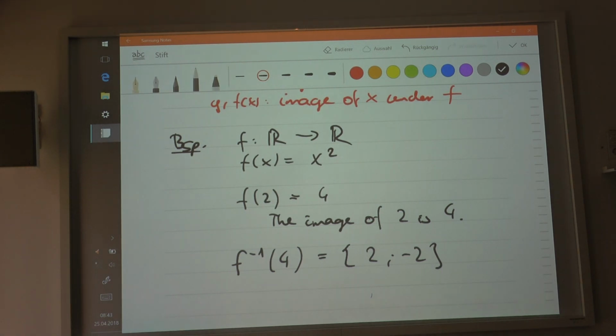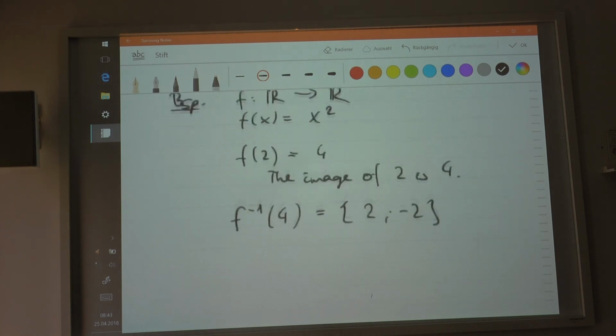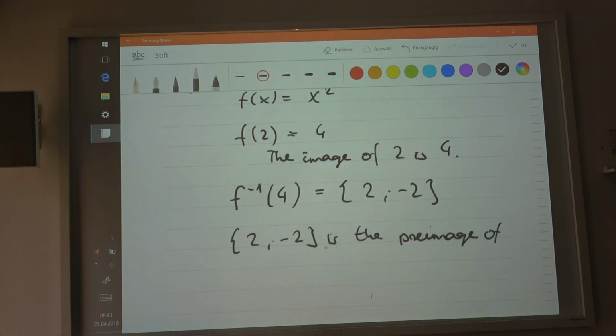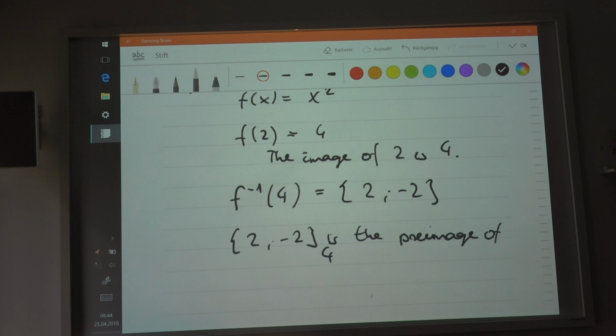The set consisting of 2 and negative 2 is considered to be the pre-image of 4. You understand? Pre-image. This is just a new expression. In German, we say Urbild. Pre-image. All right? Good.